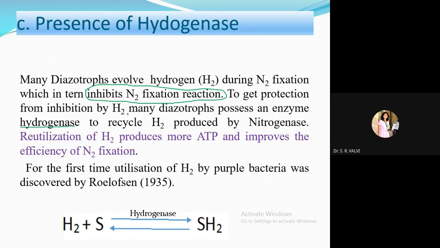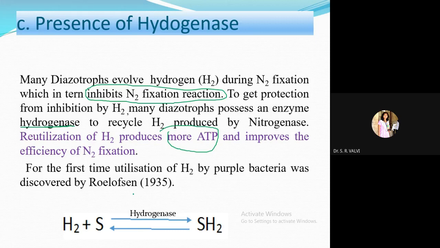Okay, so what is the main function of hydrogenase? I have explained earlier. Hydrogenase is the enzyme which is required to fix the hydrogen which is evolved during nitrogen fixation, right? So this hydrogen is reutilized to produce more ATP, and hence it improves the efficiency of nitrogen fixation. Getting? So hydrogenase is the enzyme which combines with the hydrogen produced during nitrogen fixation.